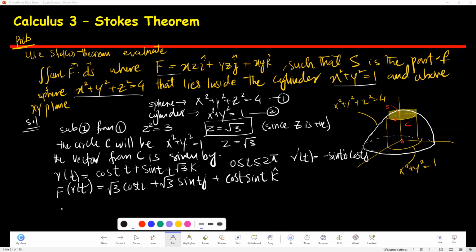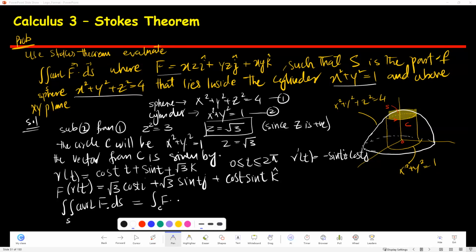Okay, and now I'm going to write my integral, the integral of F dot dS. The left side is the one I write, the right side is the one I solve.